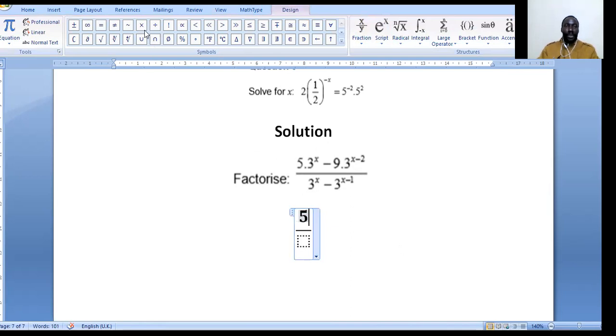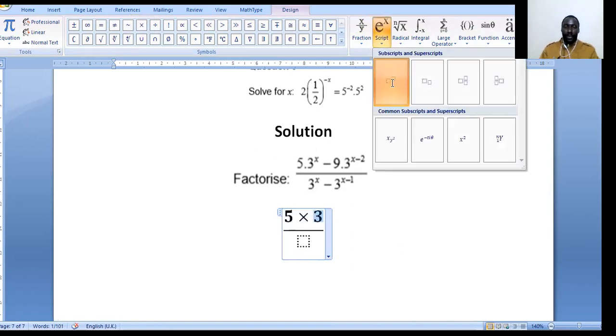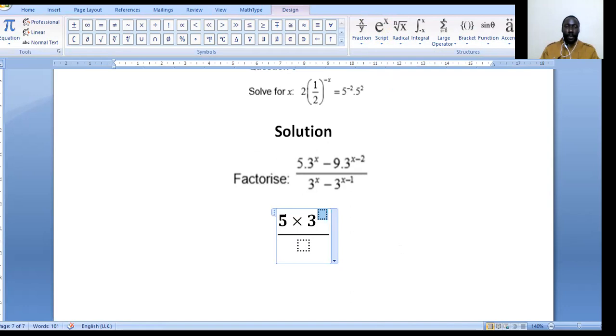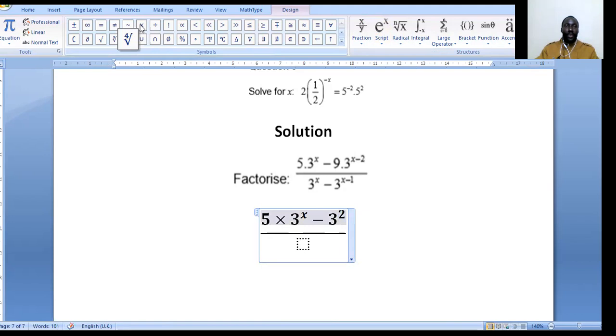This 5 is being used to multiply 3 with exponent x, minus. We have this 9 here. We can write this 9 as 3 exponent 2.